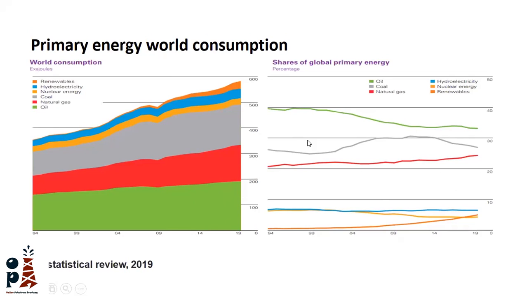On the right-hand side, we see the share of each primary energy from the total. We see that the oil share is decreasing to around 35%, but in general, oil consumption is increasing, and only the share is decreasing with time, because other energy sources are being used now.